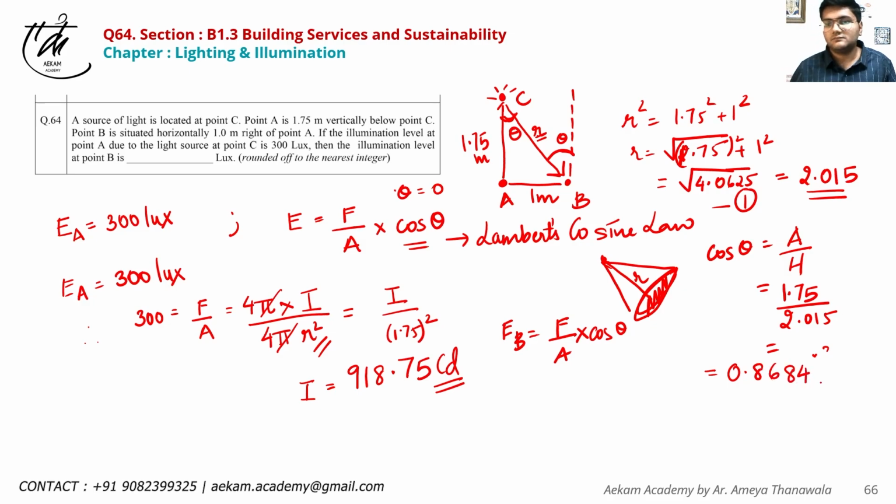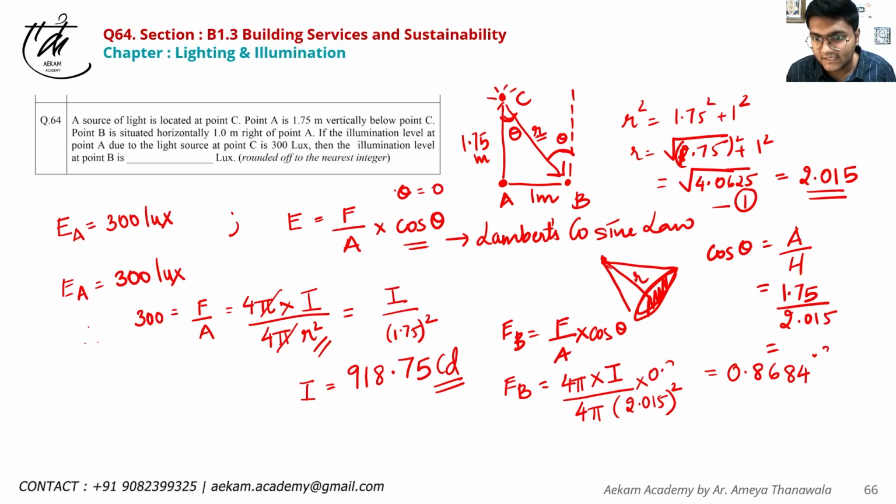0.8684. Okay, so now illumination at point B will be F, which is your solid angle 4 pi into your intensity I, upon A, which is 4 pi r square. Now we'll be considering 2.015 the whole square into cos theta, that we found out to be 0.8684. 4 pi will get cancelled.